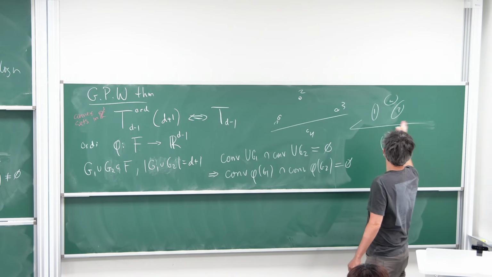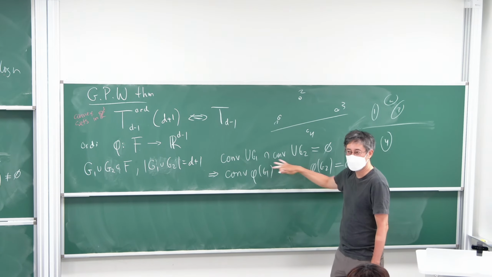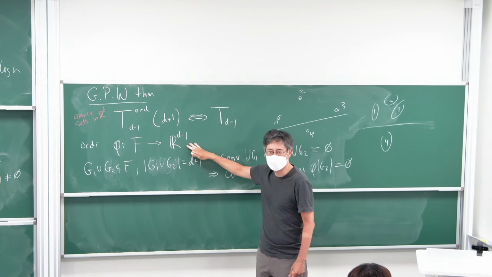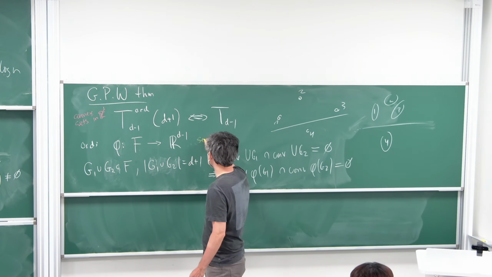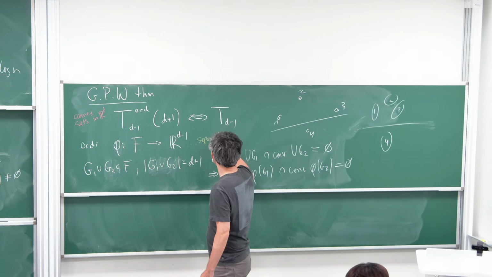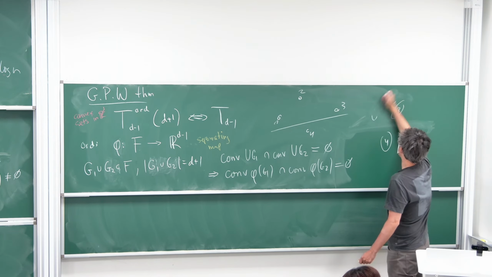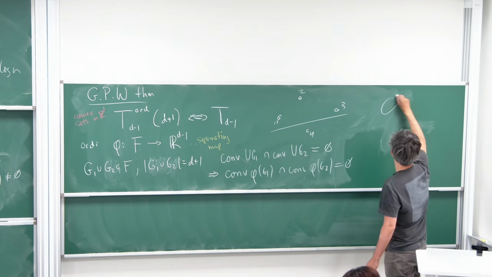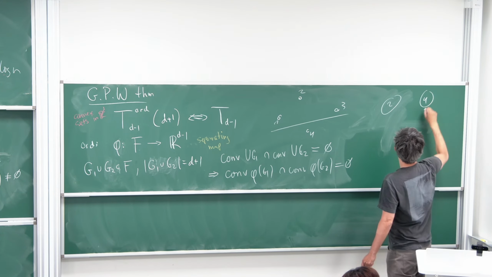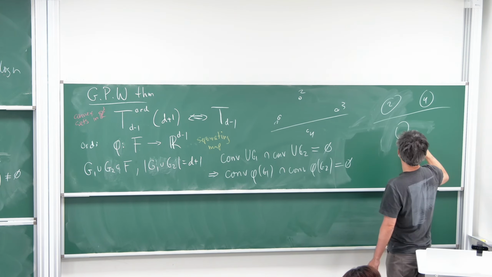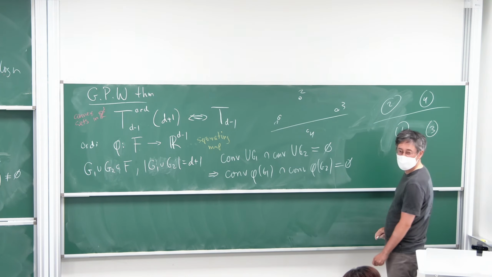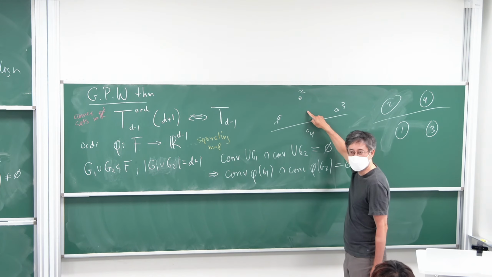But if this map is, so I'll call this a separating map, by the way. Now what if, among my sets, suppose I could separate 2 and 4 from 1 and 3? Well, that's not consistent over here.